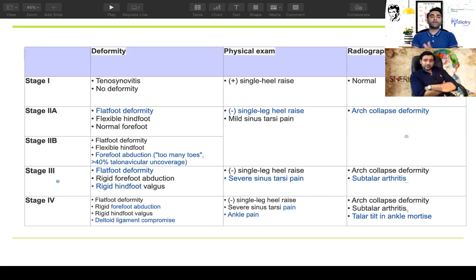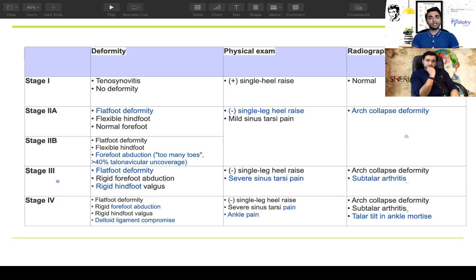So what I've had in clinical presentation is that in my private practice, I've seen several people with stage 1 and stage 2, or early stages of PTTD. However, in my 10-year stint in the NHS, I've seen the different stages of this, because being in rheumatology meant that I saw younger patients who had just been diagnosed with rheumatoid arthritis, started to have foot problems, and they started to present with that.